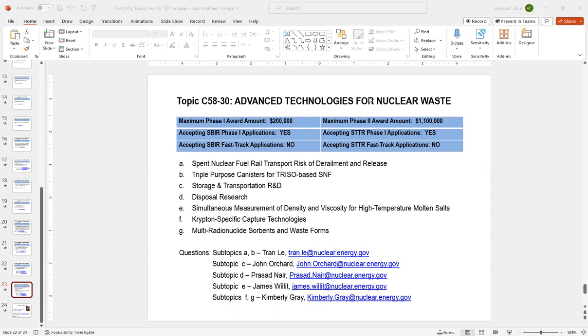Advanced functional materials that are listed here would be of interest, as well as multi-purpose absorbents that would capture one or more of the volatile radionuclides listed: iodine 129, krypton 85, carbon 14 are also of interest. The goal is really to reduce the off-gas system footprint and size, and be able to capture disposal, to capture and sequester the radiokrypton.